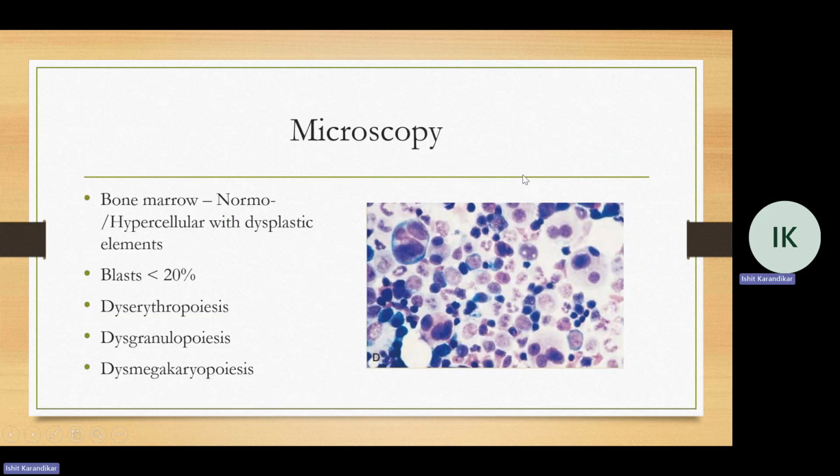So the microscopy is very important because in terms of clinical symptoms, basically MDS is very similar to a lot of other disorders. So for example, it might show similarities to myeloproliferative disorders, right?